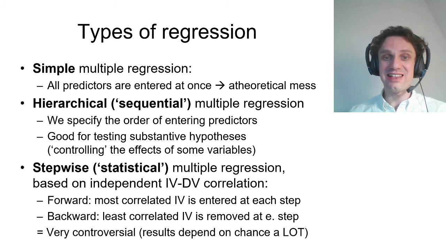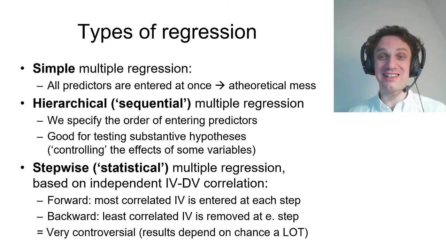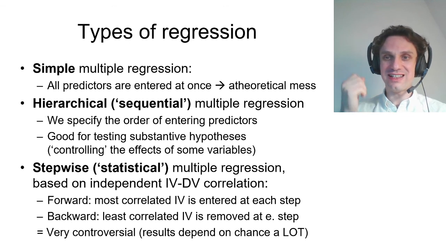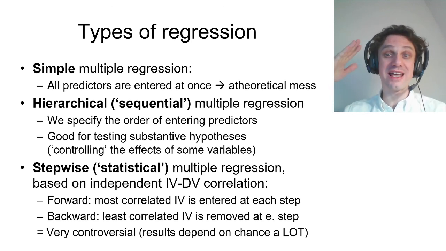The third type of regression is called stepwise or statistical regression. And it's a situation when SPSS basically tries to build a regression model automatically based on the correlations of predictors with your dependent variable. So there is, for example, forward regression, when SPSS takes the most strongly correlated predictor, includes it into the model, then takes the remaining second one, and it includes additional predictors until R-square stops growing.